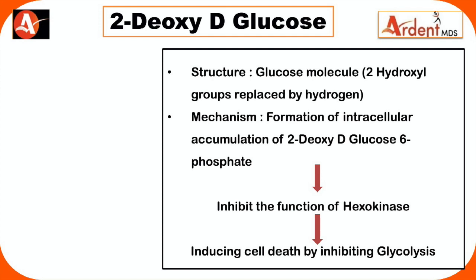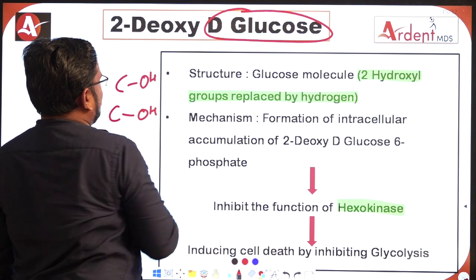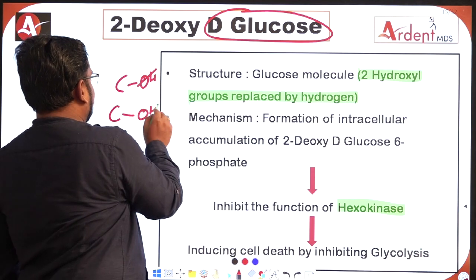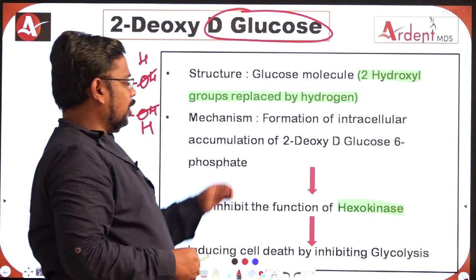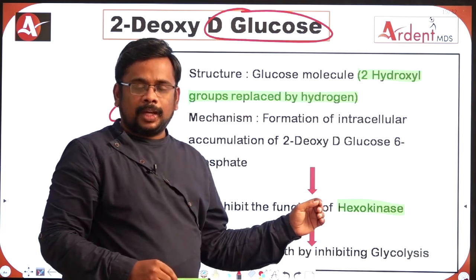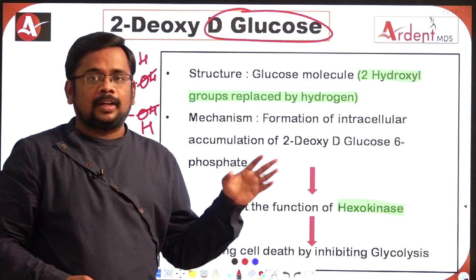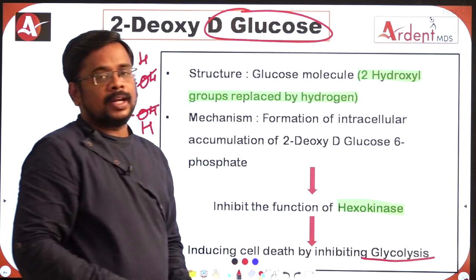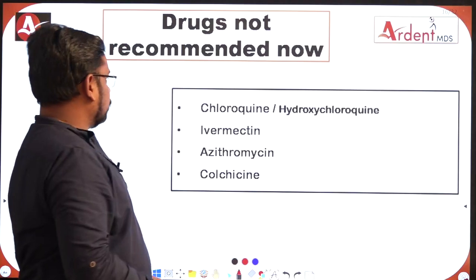Usually in a glucose molecule, some hydroxyl molecules are present. This hydroxyl is removed and replaced by hydrogen, and it becomes 2-deoxy-D-glucose. It inhibits hexokinase, one of the very important enzymes in glycolysis. Because glycolysis does not occur, the microorganism is not able to survive. This is the mechanism of 2-deoxy-D-glucose.